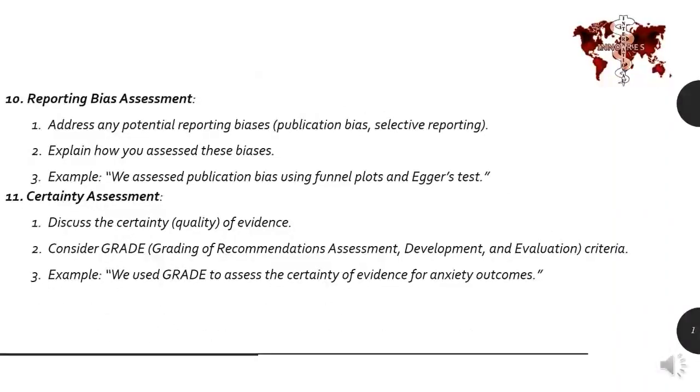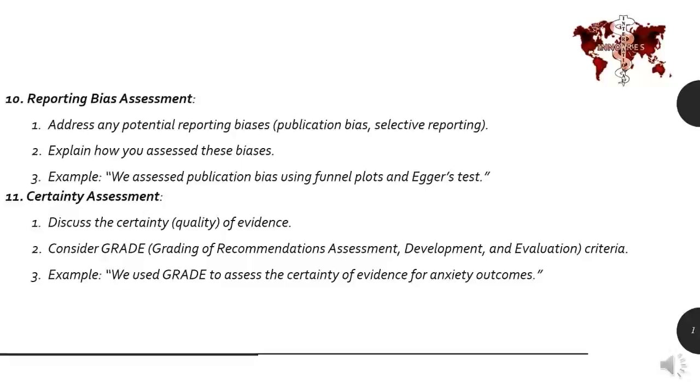So next we'll be talking about item 14, which is the reporting bias assessment. This essentially means that we want to address any potential reporting bias due to missing results. This frequently arises from reporting biases such as selective non-publication or selective non-reporting of results.